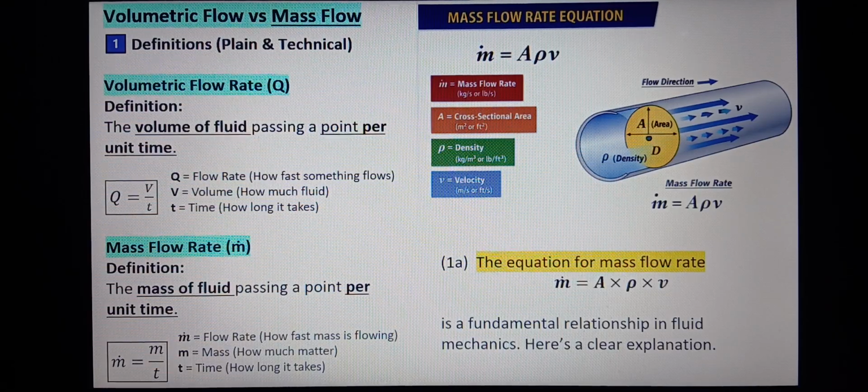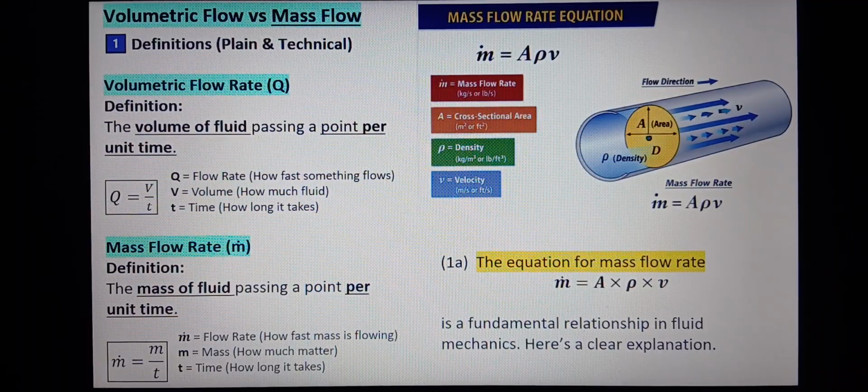And V is the velocity in meters per second or feet per second. The equation for mass flow rate is M with a dot is equal to A times rho times V. It is a fundamental relationship in fluid mechanics.